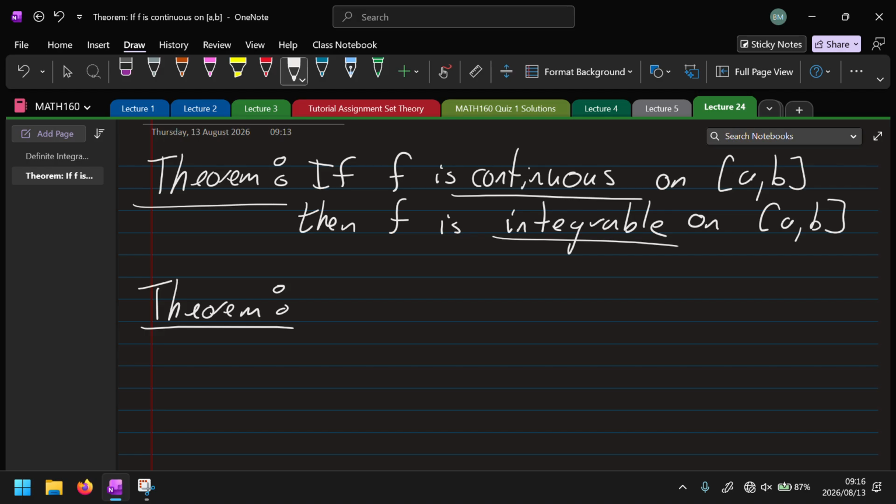Also, what does this mean for differentiable functions? Think about it. If f is differentiable, what can we say? f is continuous, exactly. Continuity is a requirement for differentiability. Remember? For a function to be differentiable, it has to already be continuous.